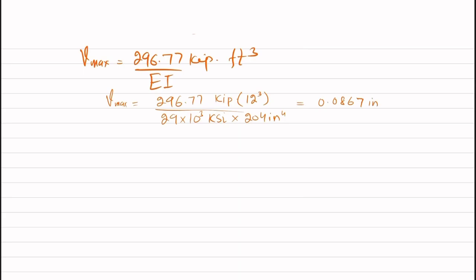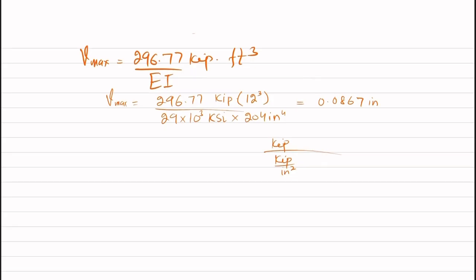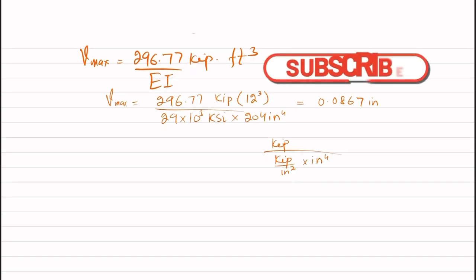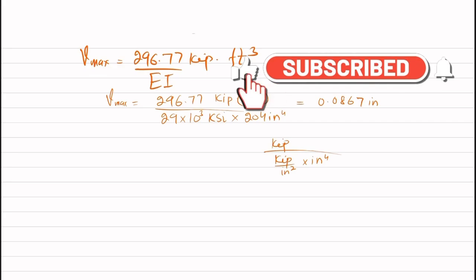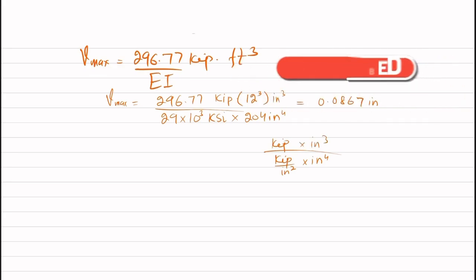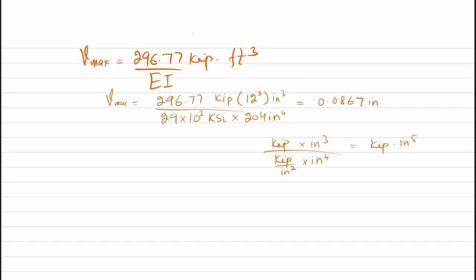One more thing is that you have kip above and you have KSI, which is kilo pounds per square inch, into inch power 4, and we have inch cube as well because feet is converted into inch. So this will be kip into inch power 5 divided by kip into inch power 4, which will leave only inch.